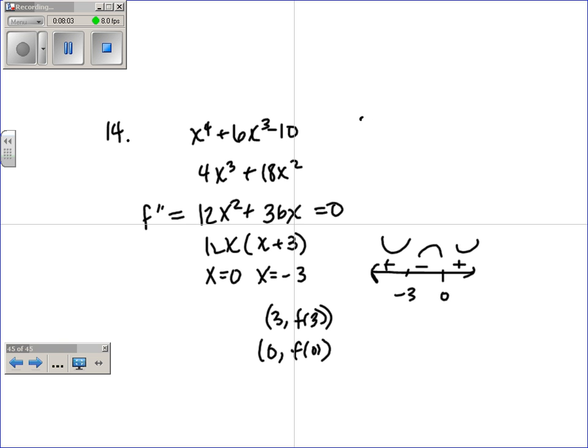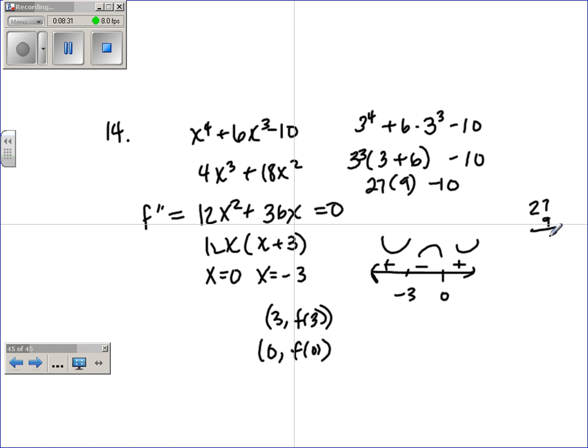If I plug in a 3, 3 to the 4th plus 6 times 3 cubed minus 10, I get 3 to the 4th, let's see, 27 times 18 minus 10, oh no, 27 times 9, minus 10, so that is 9 times 7, 63, 18, and 6, 243 minus 10.